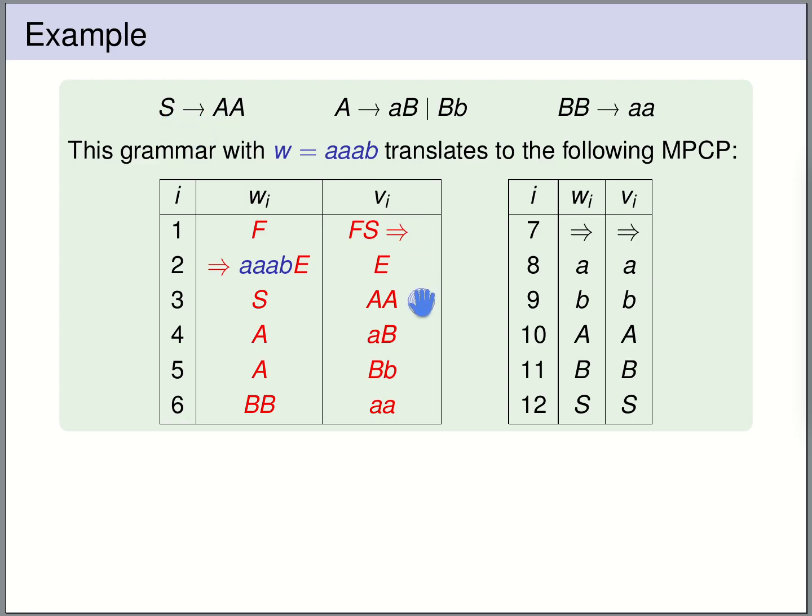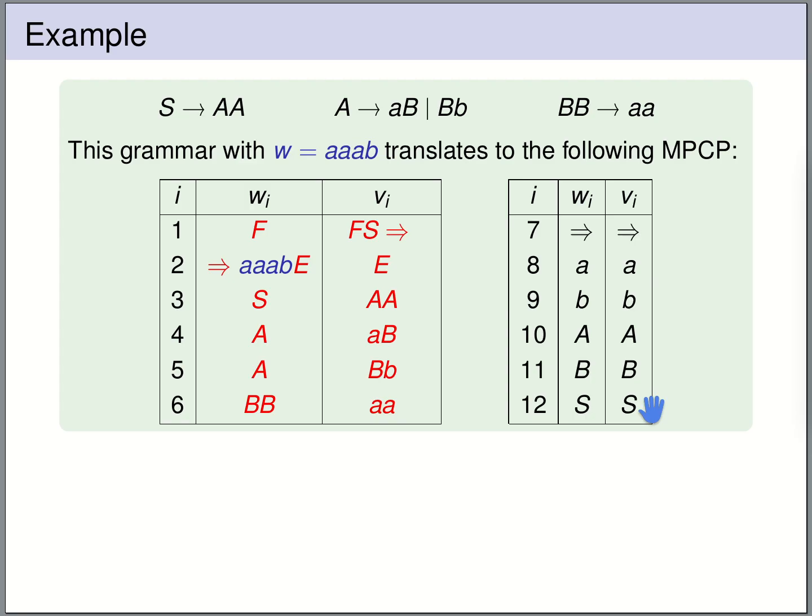Therefore we have a pair with left entry S and right entry AA. Then we have a pair arrow arrow. We have a pair AA for the terminal letter A, BB for the terminal letter B, capital A for the variable A, the same for the variable B and the variable S.